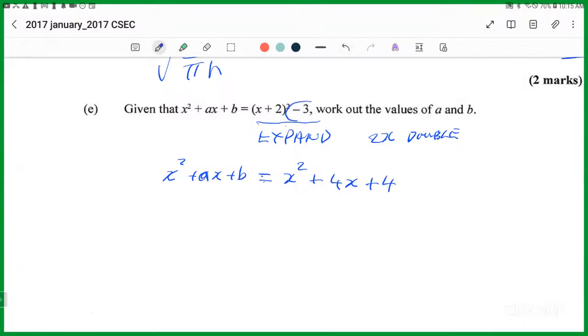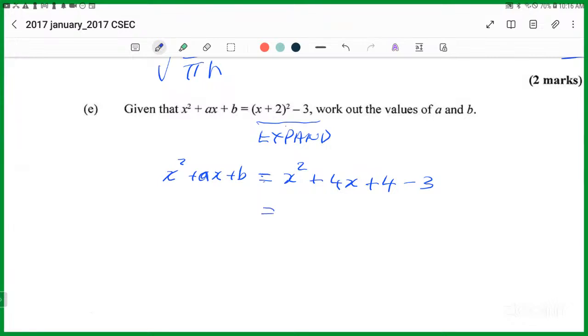Then this minus 3 has to come back here. Minus 3. So remember, when you expand this perfect square, you get these three terms: the first term squared, twice the product of the two terms, meaning you multiply the two terms in there and double the result, and the third term is the second value in the bracket squared. All right, that's what it is.